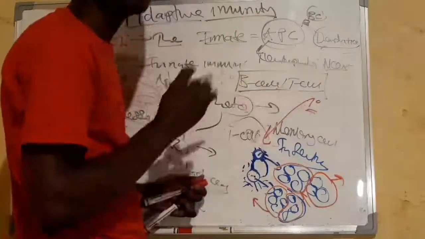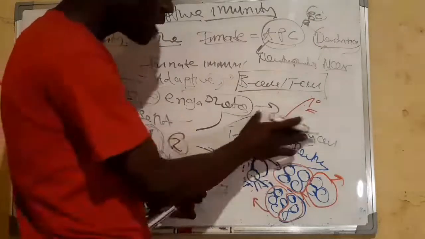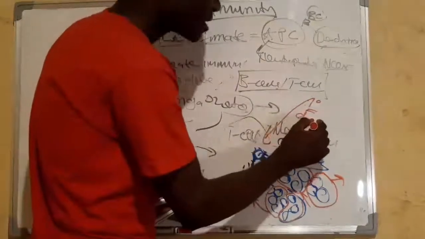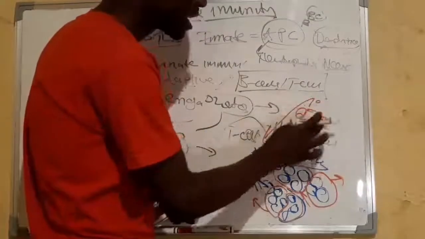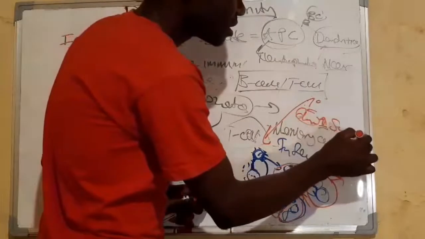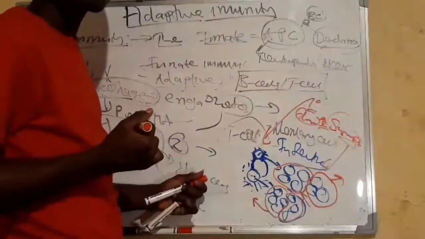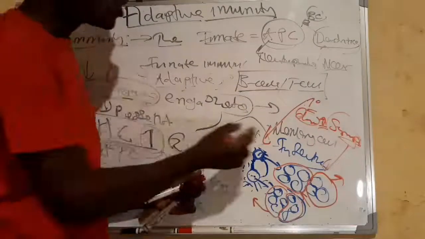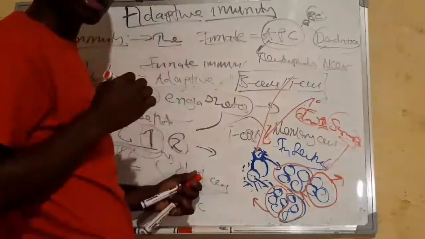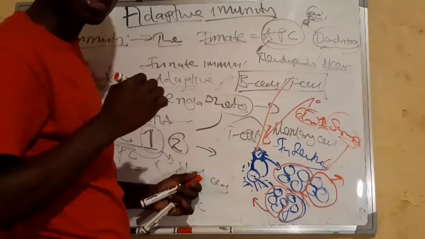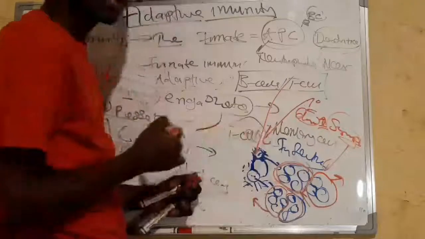So this is known as the primary response, because it is the first time. In the primary response, the duration can be slightly longer, and the person can have symptoms in response to this, such as fever. But when the same pathogen tries to come again into the host, it will find these memory cells.